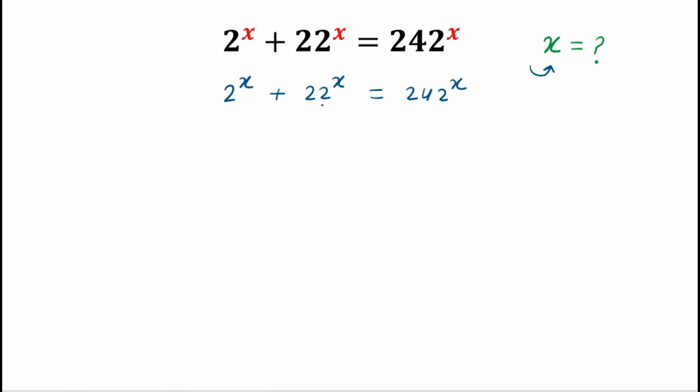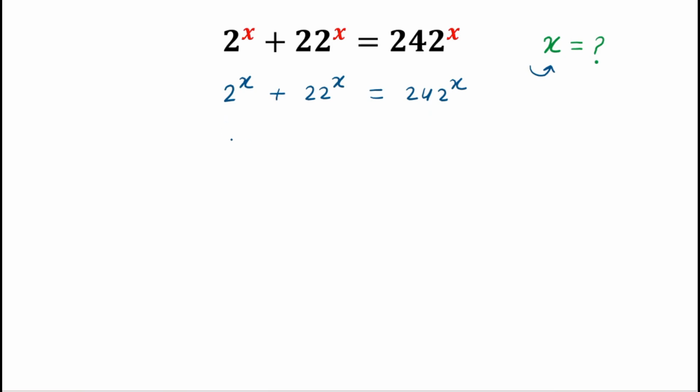Here we can write this 22 as a product of 2 into 11, and we can write this 242 as a product of 2 into 121. Then on the left hand side 2^x is a common factor, and on the right hand side we have 2^x as a common factor.